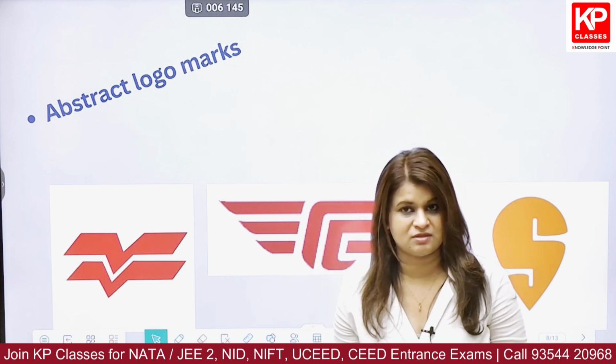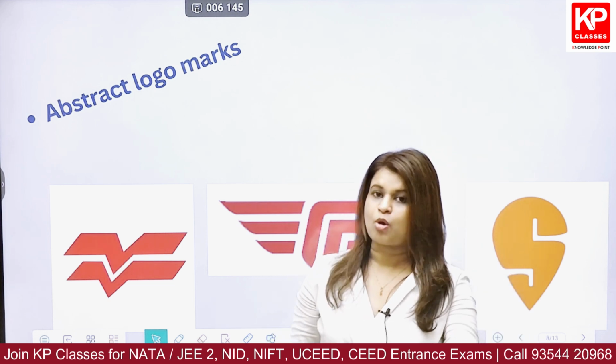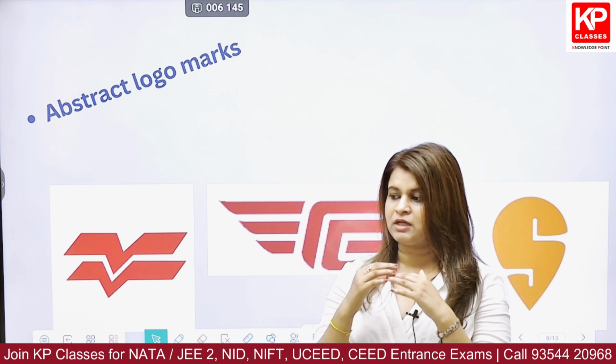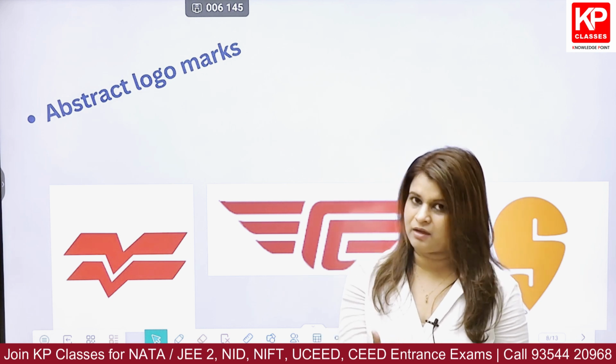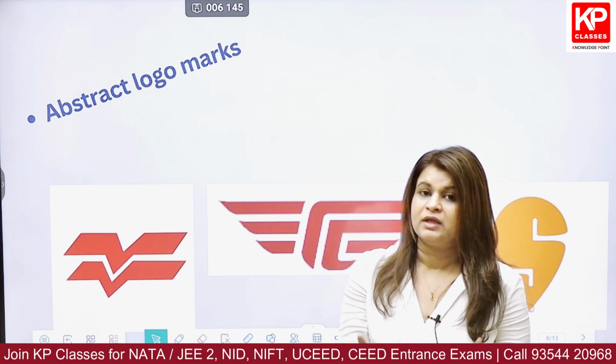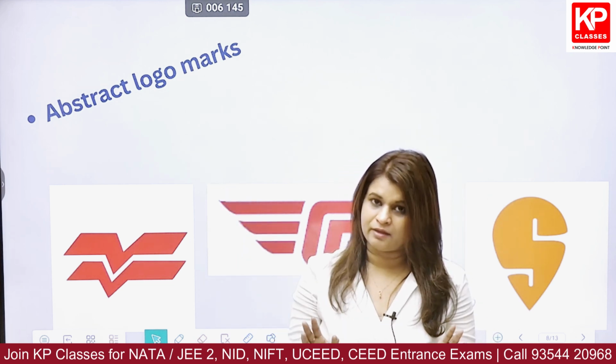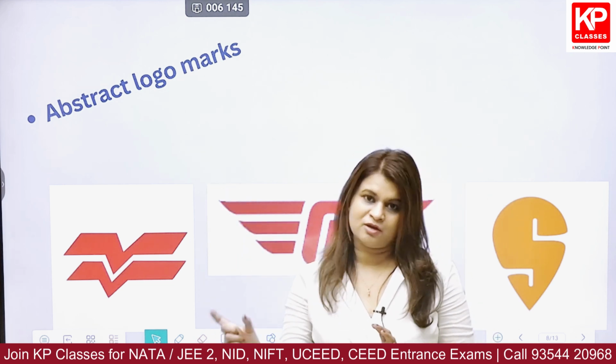It has nothing to do with clothing or shoes. If I talk about Apple, so they make electronics products, right? But does the symbol look like an electronic product? No. The symbol, the abstract logo can be independent of the nature of job the company is into, right?